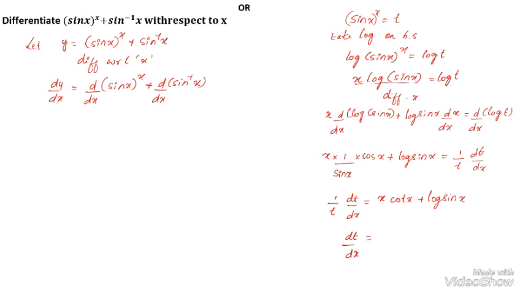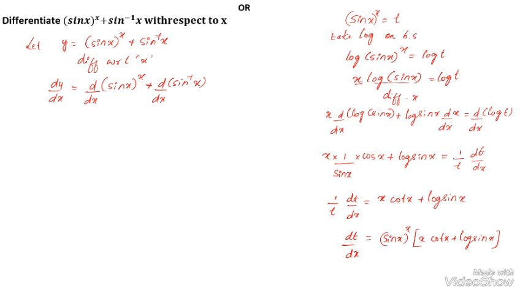So what is the value of t? That is sin x to the power x. So dt by dx is sin x to the power x into x cot x plus log sin x.